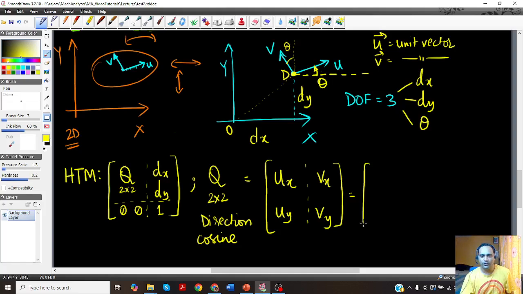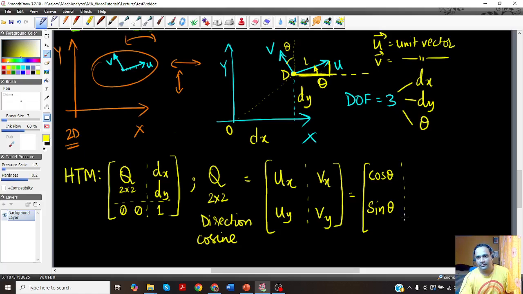Now what is ux? If this length is 1, the component of that vector will be the projection along this line. If you remember, r cos theta, r sin theta, so this is going to be 1 into cos theta. Similarly, the vertical length will be 1 into sin theta, so the v component means this vertical height will be sin theta.